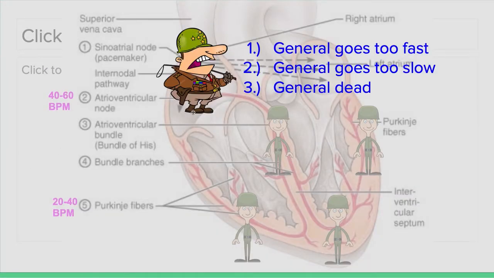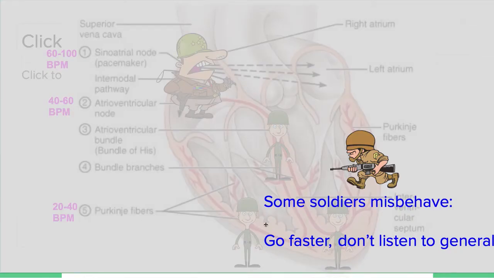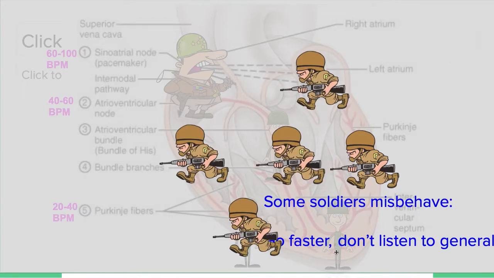Something's wrong with the general, or sometimes these little soldiers decide to misbehave. Another example of soldiers misbehaving is when we have tons of soldiers misbehaving. We'll see what happens when we get all these little pockets of cells that decide that they're going to fire their own action potential without listening to the general.